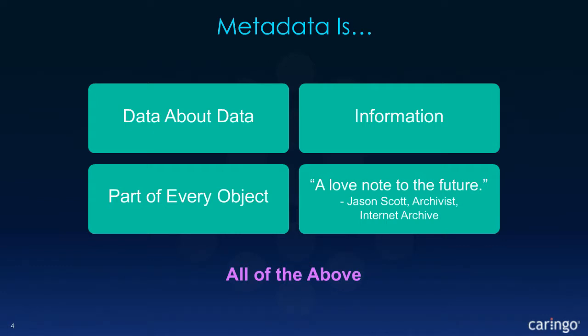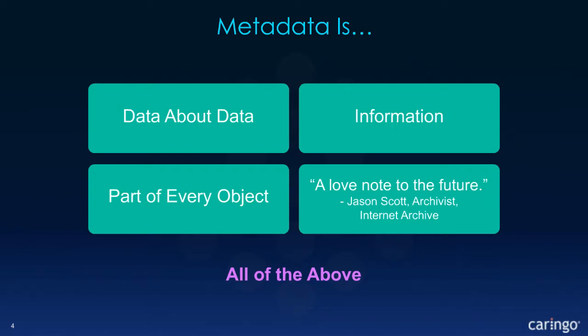Metadata is data about data. It's also information in general, information about the data. The general best practice is it should make the object self-describing. So whatever the data are, the metadata should be describing that data.